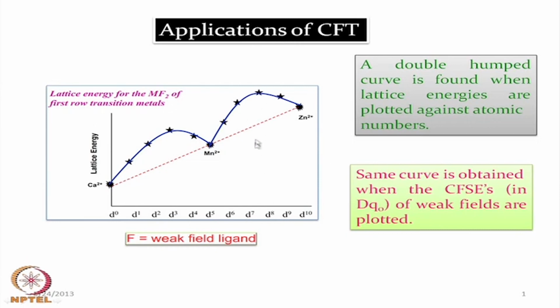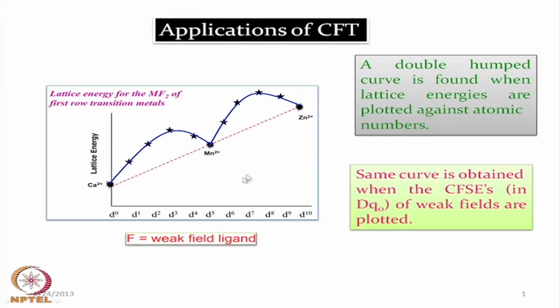If we get the crystal field stabilization energy for nickel 2 plus, which we have calculated nicely in all previous classes, for weak field, nickel 2 plus has only one possible configuration, high spin or low spin, which is the t2g6 eg2 configuration, and that crystal field stabilization energy in terms of Dq gives us a similar type of plot.